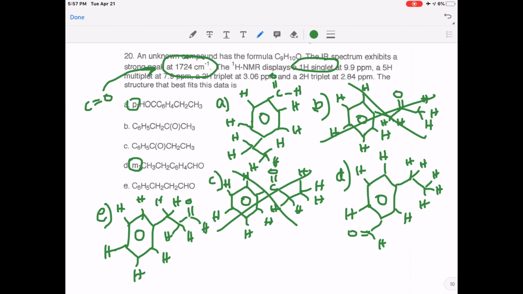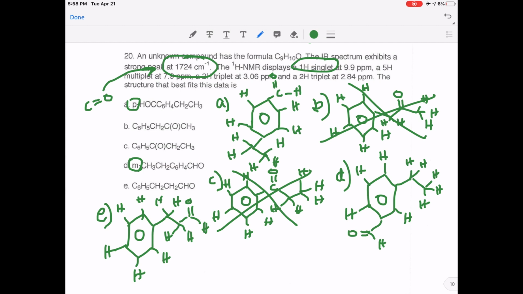So now let's move on with the problem statement. It tells us that there's a 5 proton multiplet at 7.99 ppm. And when you think of NMR data given around 7.9 ppm or 7 ppm, you can immediately think of an aromatic compound, an aromatic proton.